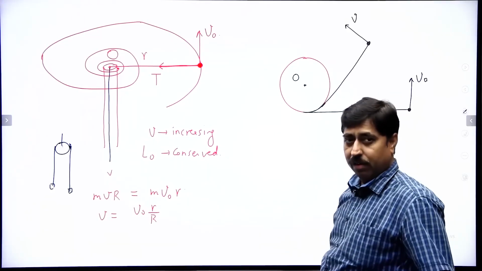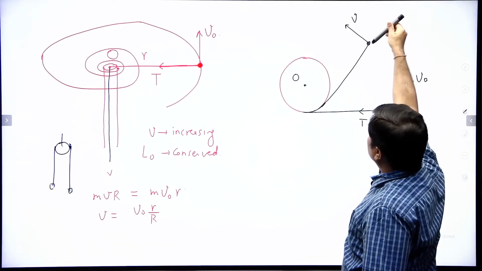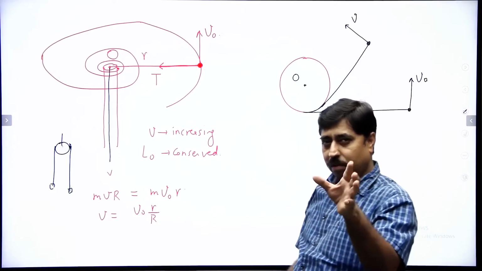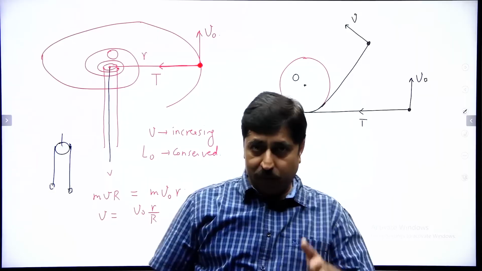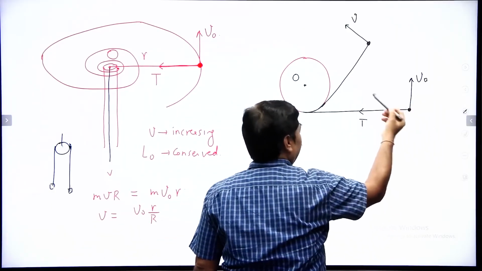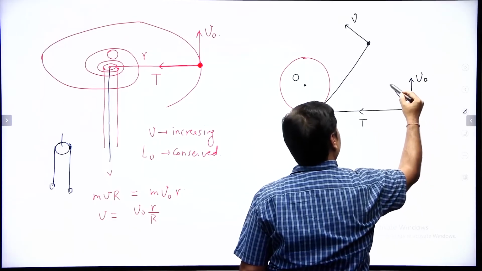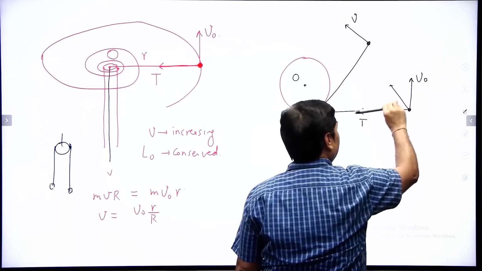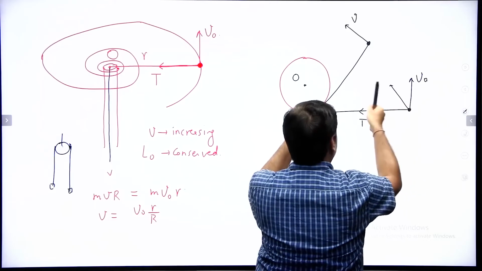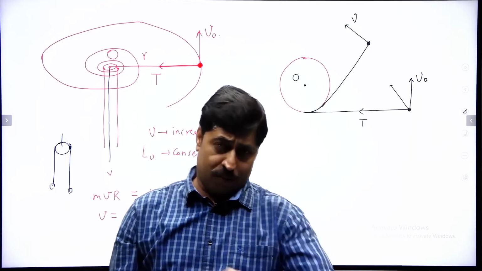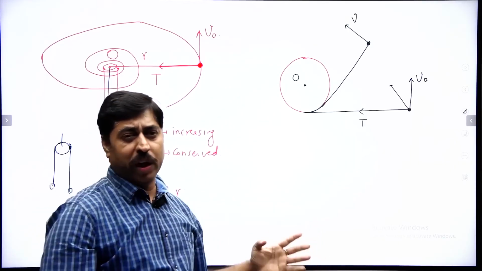But in this case, if there is a component of velocity of the particle about this contact point, the string will get slack, it will get loosened. If the particle is moving with a velocity in a direction somewhat like this, then the velocity component is this way, which means this distance is decreasing, which means the string will get loose. So, we all know that a string is not going to get loose.